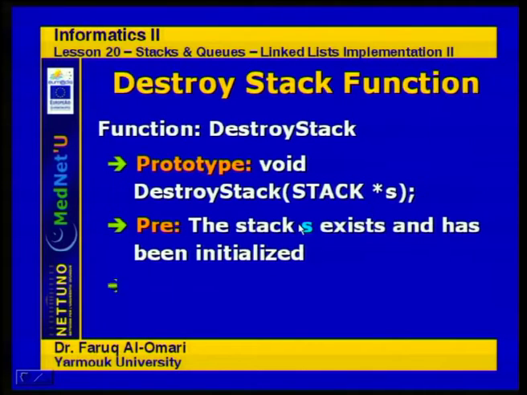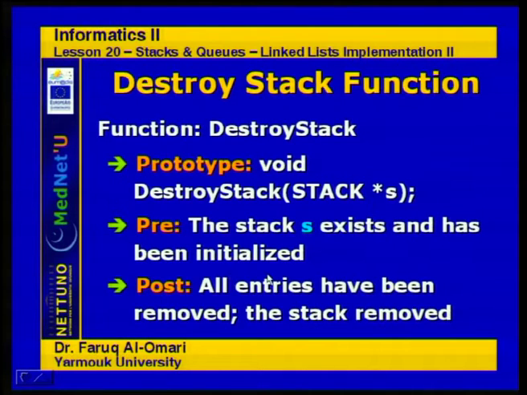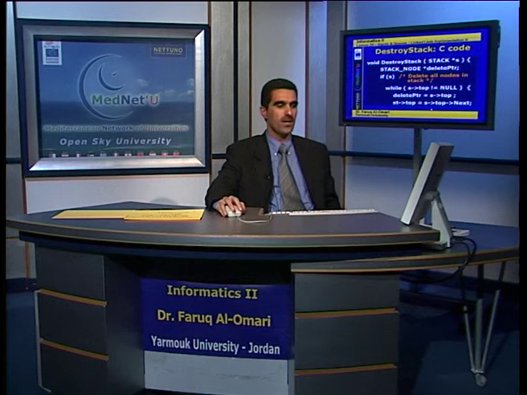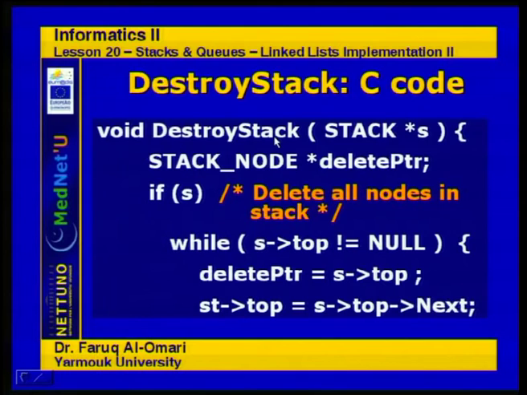All right? As a result, all entries will be removed and the stack itself will be removed as well. Let's see how we're going to implement that. Okay, void destroy stack, and it takes as input a pointer to the stack.